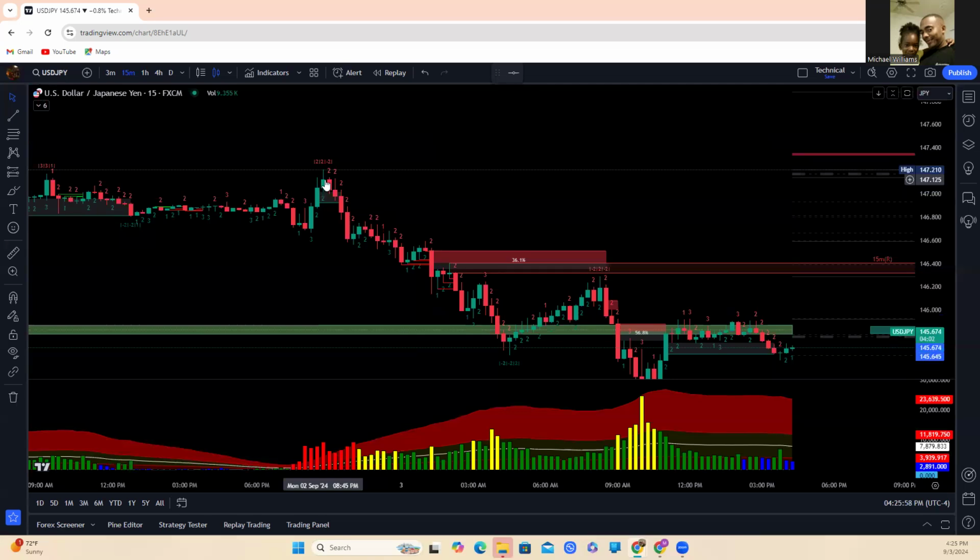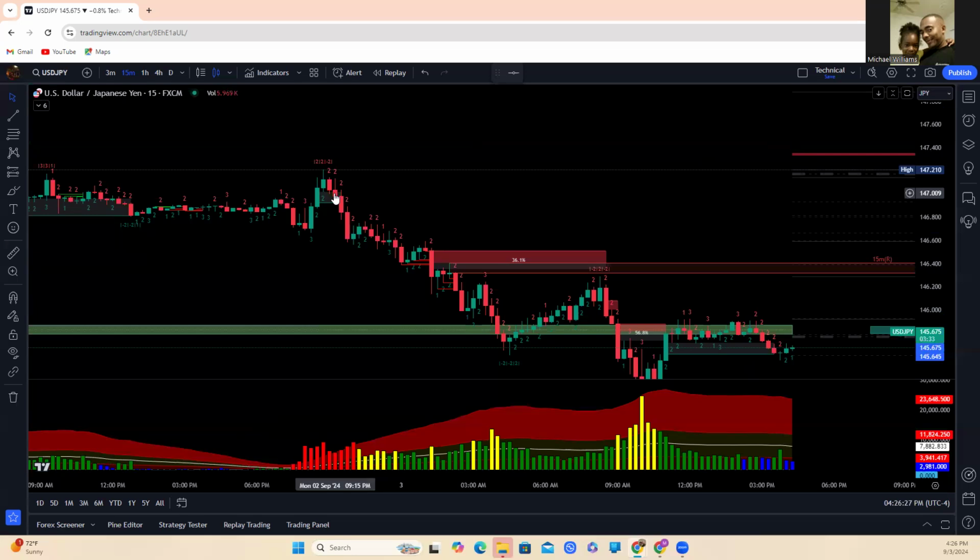At 8:45, I saw this two up candle, and then right at 9 o'clock, we got this two down candle. My limit sell order went right there to be triggered once price broke the low of this two down candle, and that's exactly what happened.